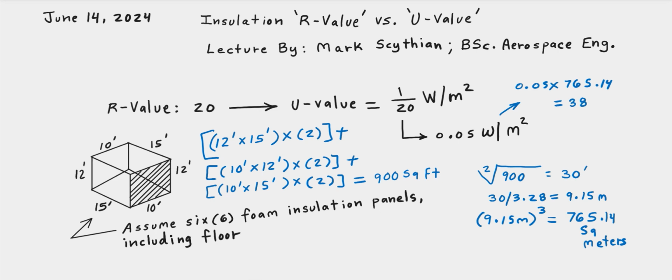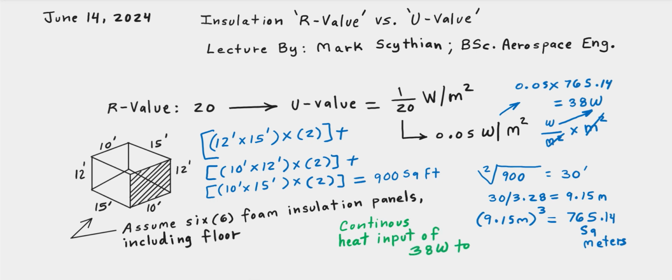We simply then multiply the 1/20ths, or 0.05 watts per square meter, times 765.14. We see that the square meters cancels out, factor label method, and so that's 38 watts of continuous heat requirement to stabilize or keep the internal air temperature constant.